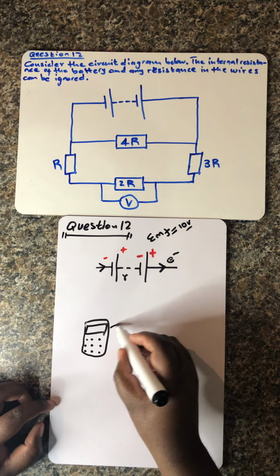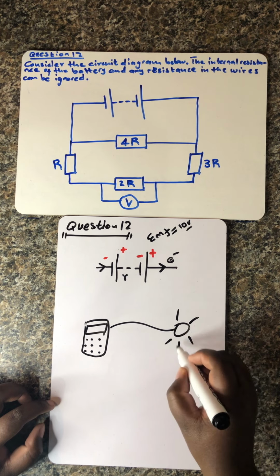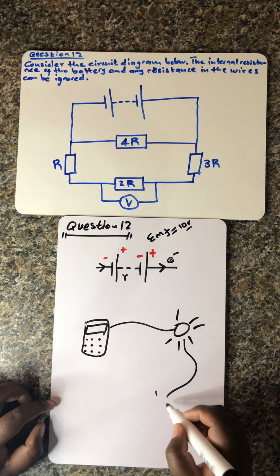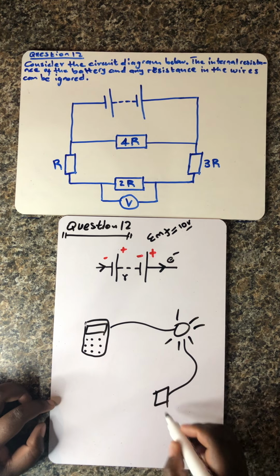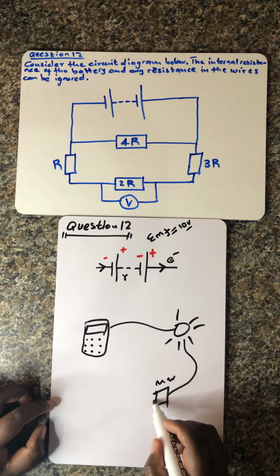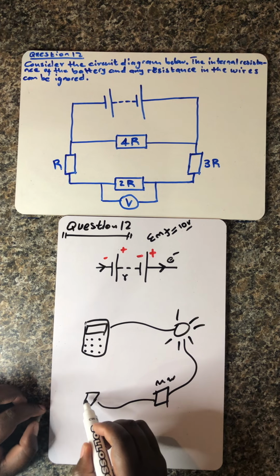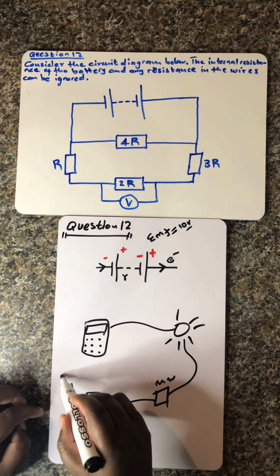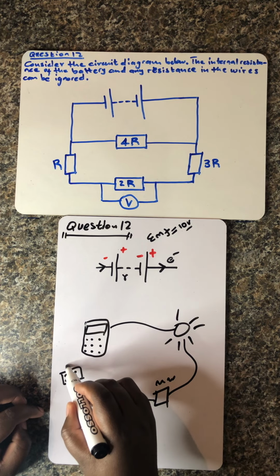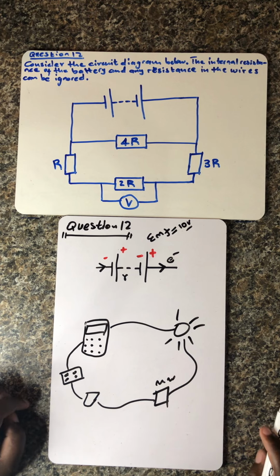So let's say you've got light bulbs, a microwave, and a kettle there, and again let's say you've got a stove. It doesn't necessarily need to look like a stove.